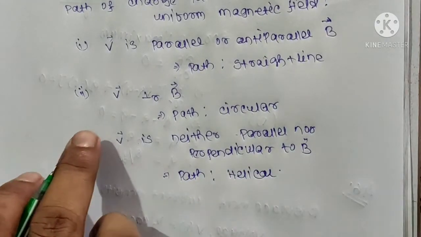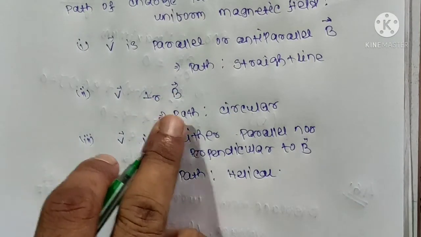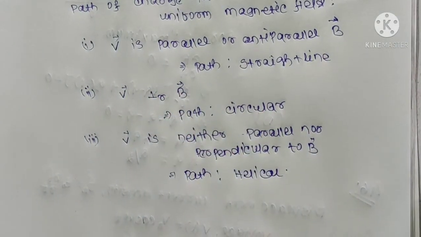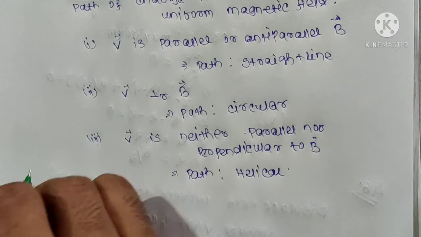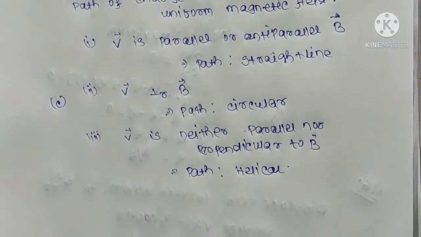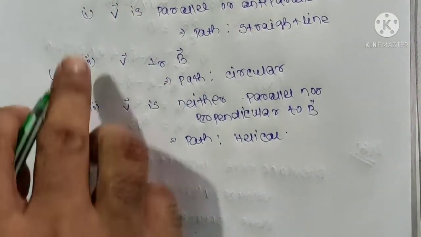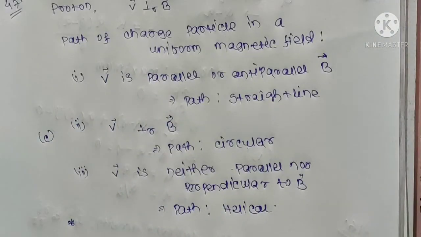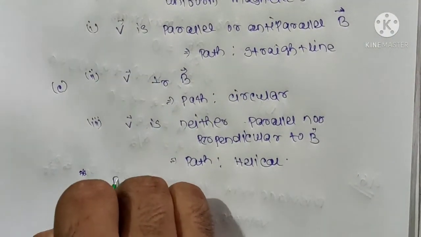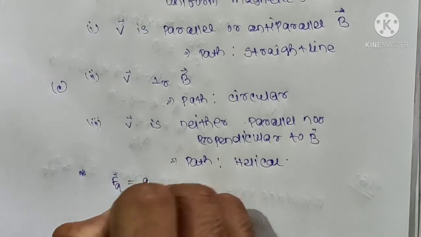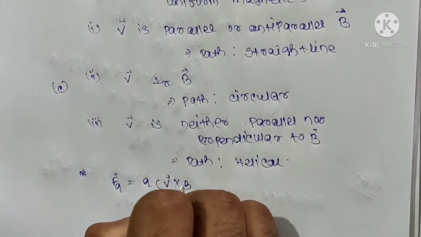Okay, so in this question velocity is perpendicular to the magnetic field, so the path followed by the charged particle will be circular. So your correct option is option C. And one more thing to remember: the force on a charged particle due to a magnetic field is given by q V cross B.